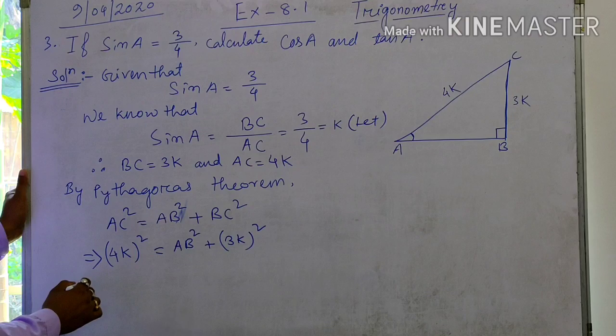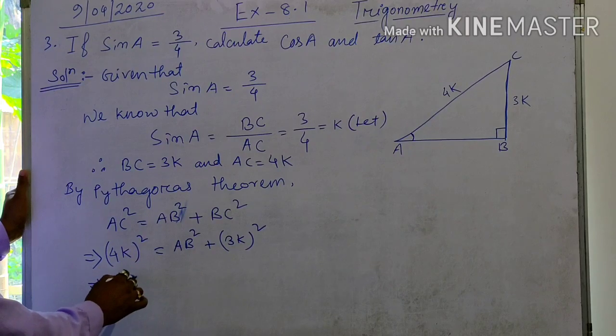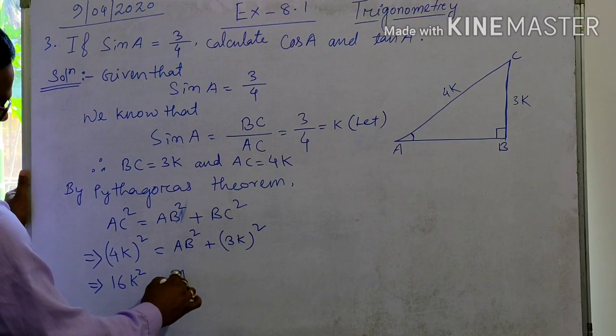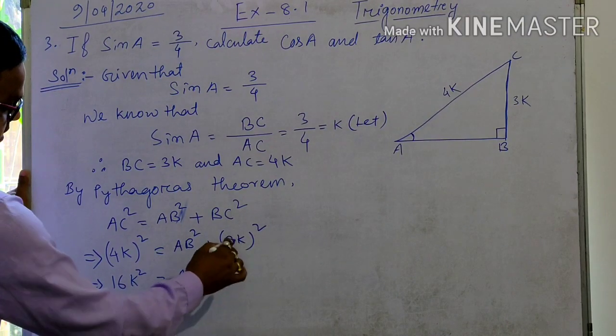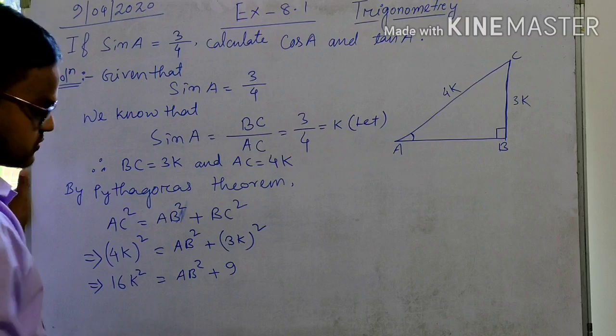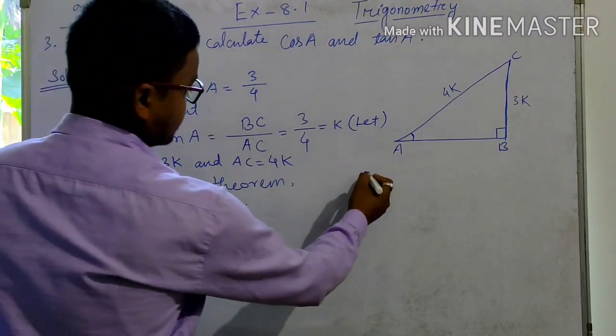Now 4 square means 16, K square means K square. And this is equal to AB square plus 3 square means 9, and K square means K square. Now you simplify here.